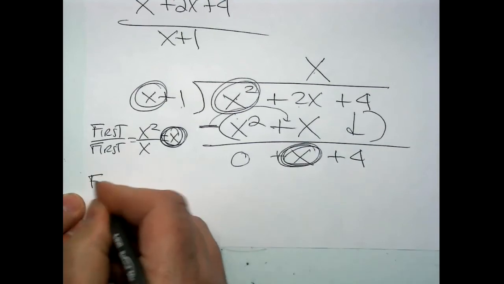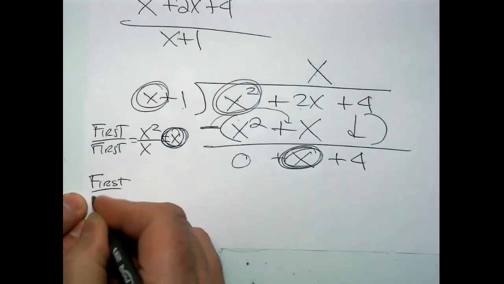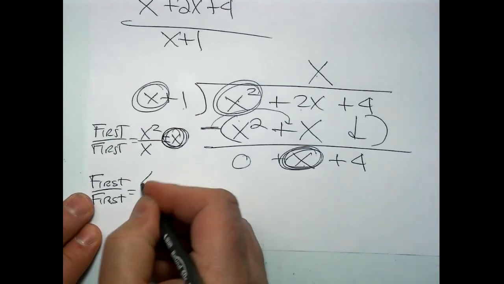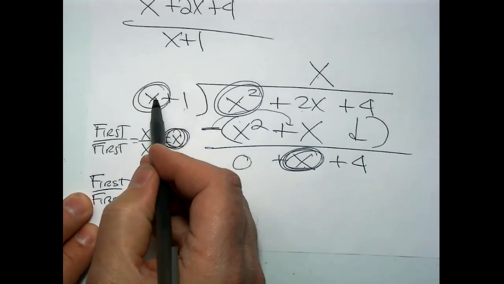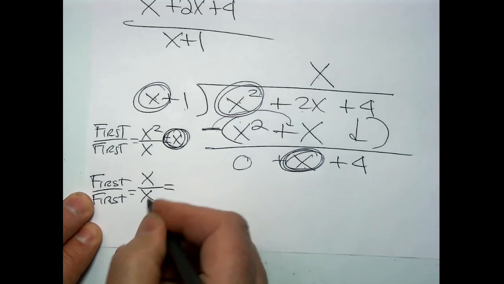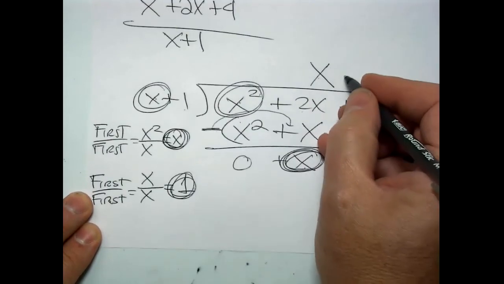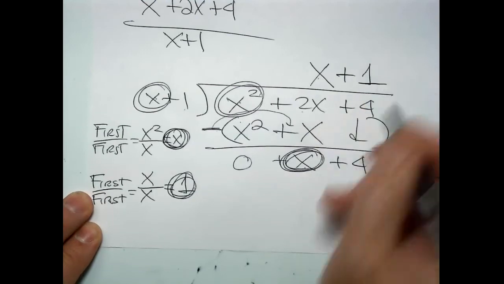Do another first over first. First over first will be this first x divided by this same first x. That same over same is 1. You just got an answer, so that answer belongs on the answer line right here.